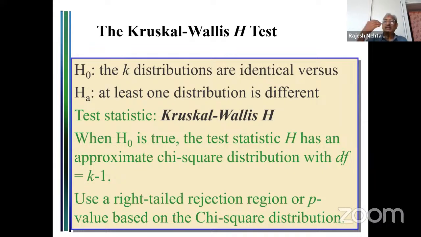So, in the chi-square table, for different degrees of freedom and different probabilities, the chi-square value will differ. As chi-square value is increasing, p-value will decrease, just like a z table. If z is more than 2, probability is less than 0.05. If z is 3, 4, 5, p-value still will be lower. Similarly, this H also will follow something like a chi-square distribution.